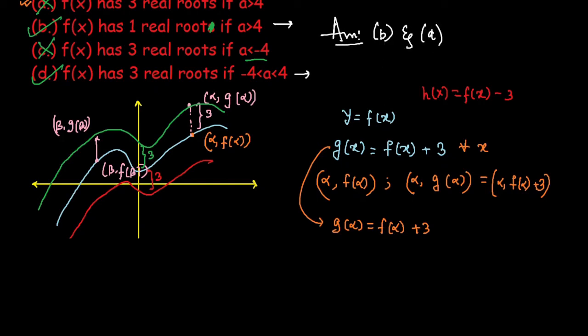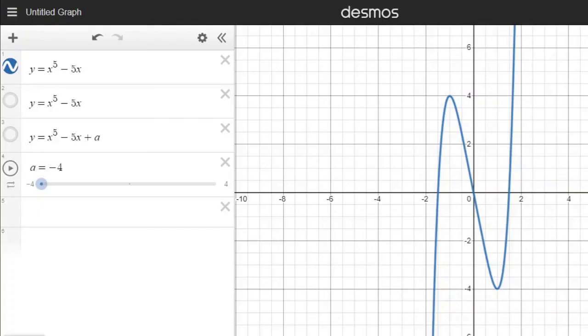Now for further visualization, let's go to the graph and see another beautiful animation. I hope that you can see the graph. This blue graph represents our initial function, that was x to the power 5 minus 5x.